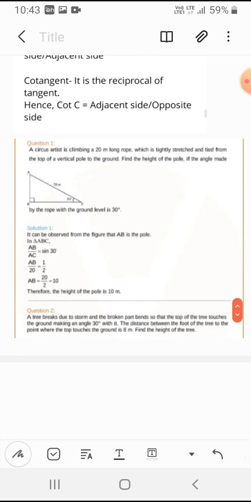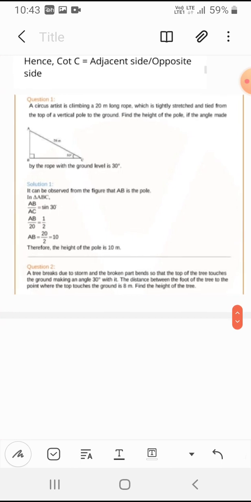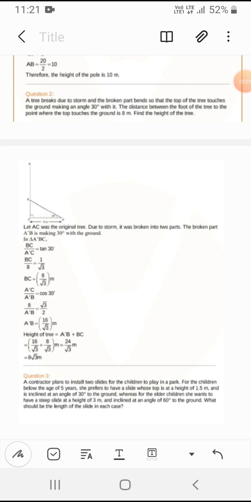And the second is that the tree breaks due to a storm, and the tree touches the ground making an angle of 30 degrees. The distance from the foot of the tree is 8 meters. You have to draw the diagram like this, with the angle 30 degrees and CA as 8 meters as given in the question.